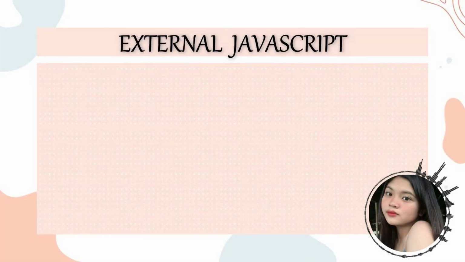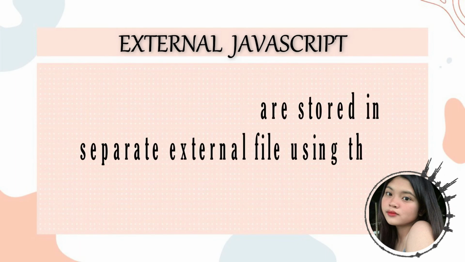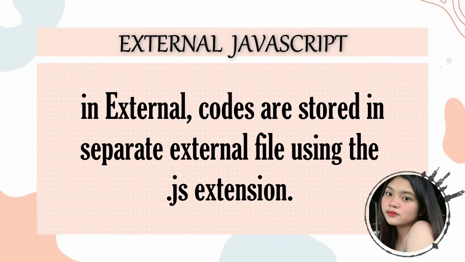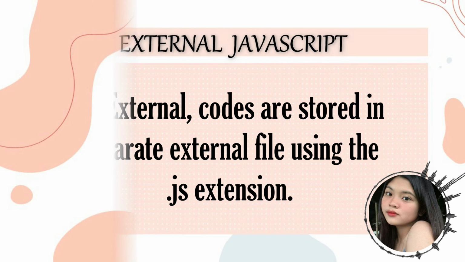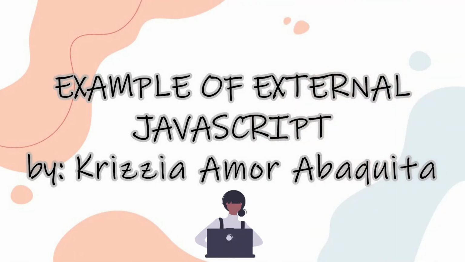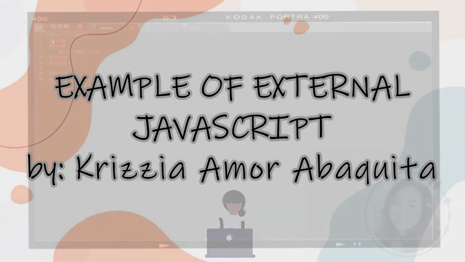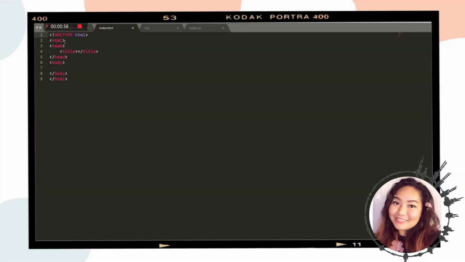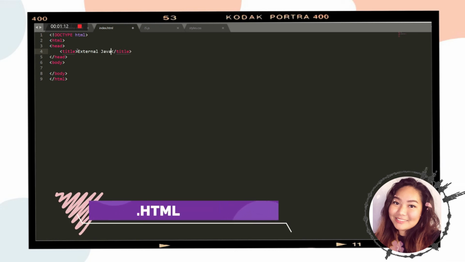So let's move on to external JavaScript. In external JavaScript, code is stored in a separate external file using the .js extension. This is the example of how to deploy JavaScript in the HTML using external JavaScript method. Before that, we need to create first our HTML code.